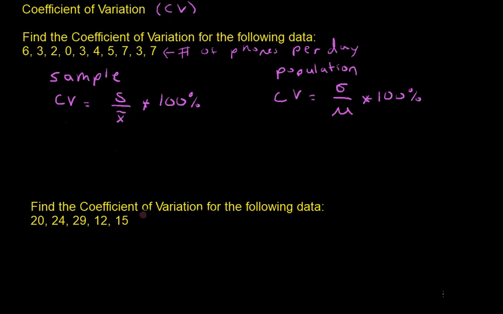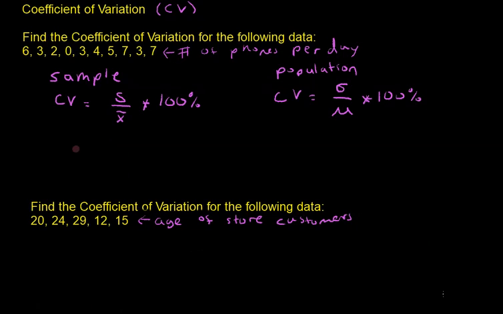This data down here is new data, so we're going to have to calculate the standard deviation and the sample mean. This data is the age of clothing store customers, 5 randomly selected customers.